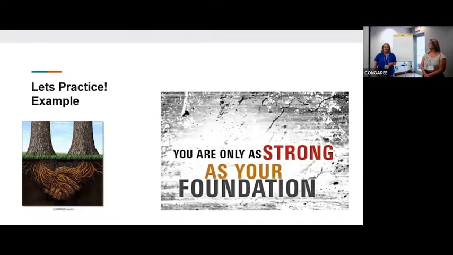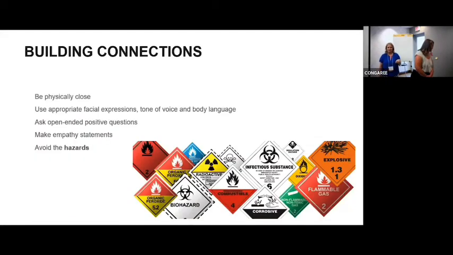So really quick, we're going to do a quick example. Christy and I will act it out for this whole building connections piece, so please don't judge us on our acting skills. As we do it, think about the ABCs of the instructor. We want to look at the instructor's behavior, which is going to be Kelly. So again, a little bit different.